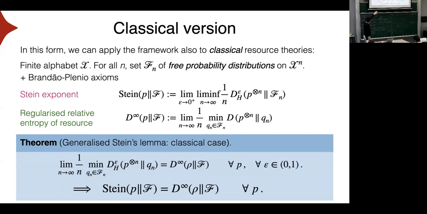The statement is exactly the same as before. You see, the limit doesn't depend on epsilon. In particular, if you take the limit epsilon going to 0, you get that the Stein exponent is the regularized relative entropy of resource. Questions so far? I think it's pretty okay.